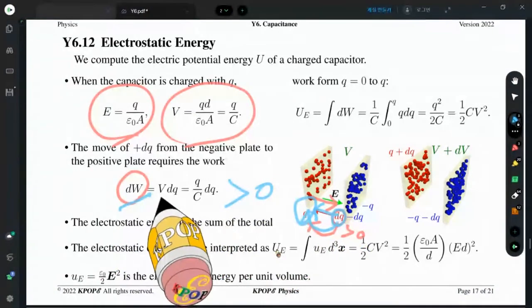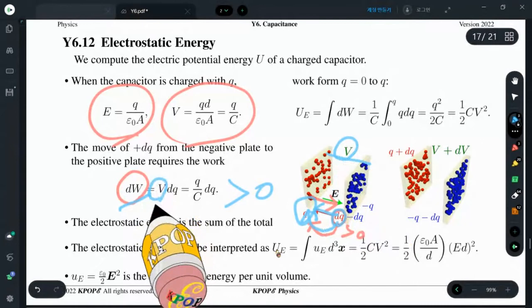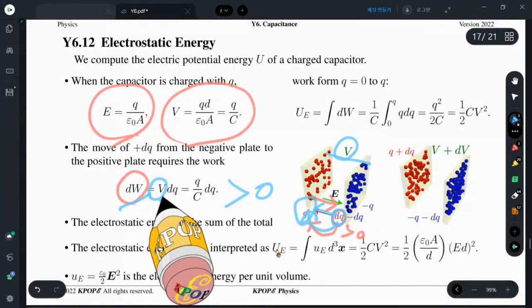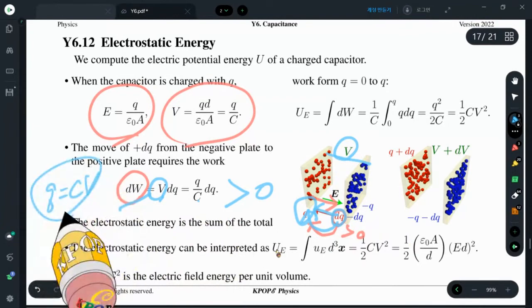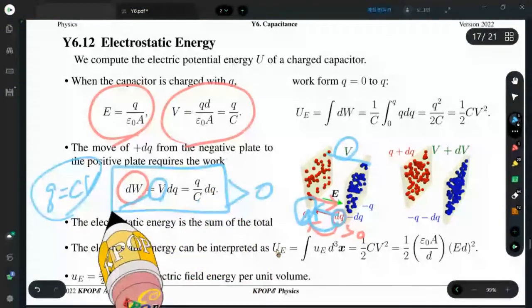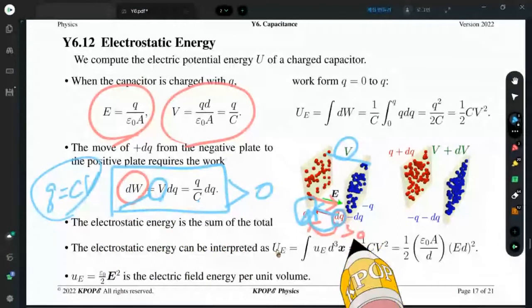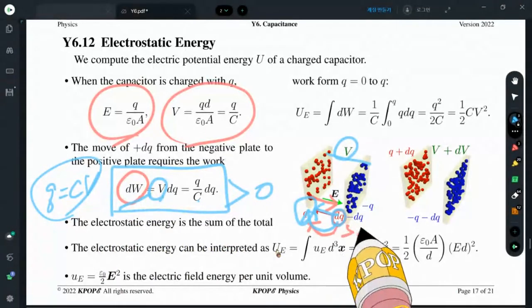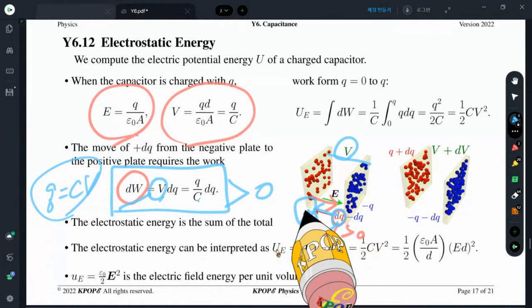And there was a potential difference V, and that is to be computed with Q over C. Q equals CV. Therefore, we have reached a differential relation, the work necessary to bring an infinitesimally small positively charged particle from the negatively charged plate to the positively charged plate.